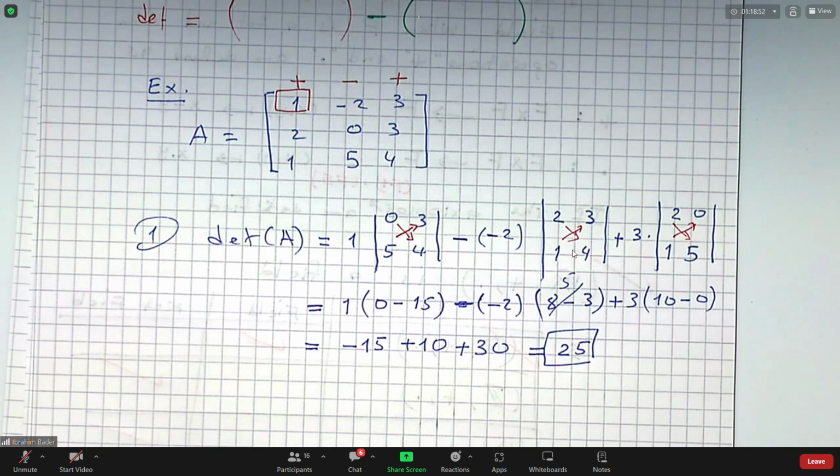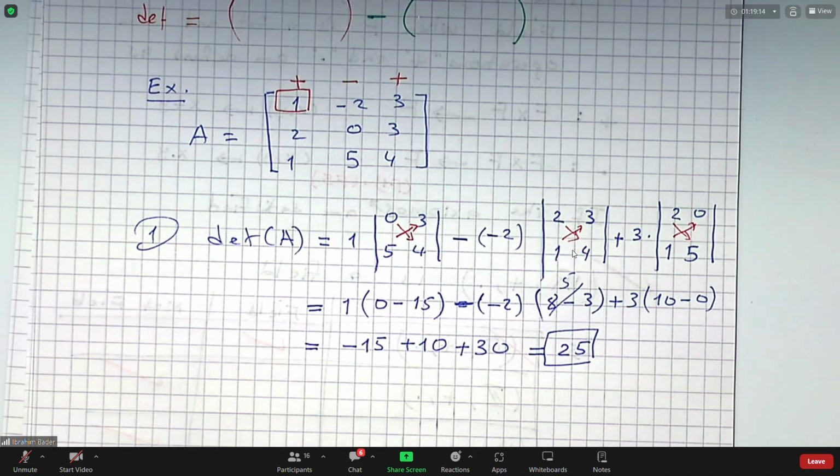Is that somehow clear? Any questions regarding this method? Okay.